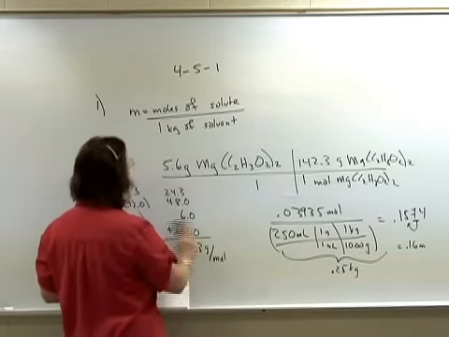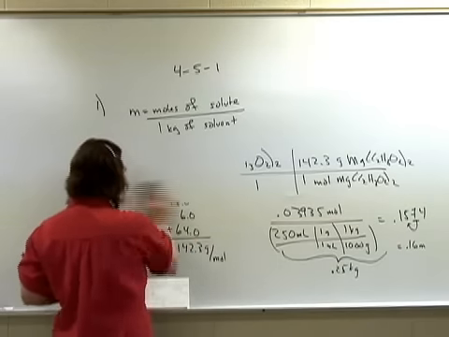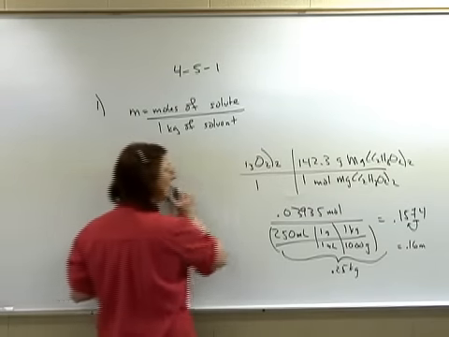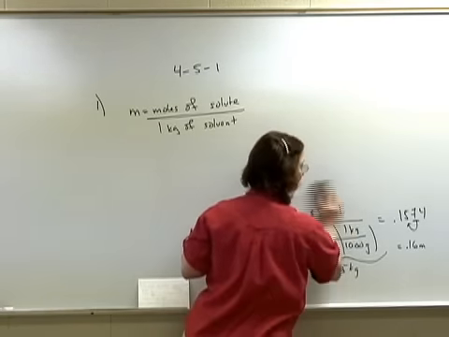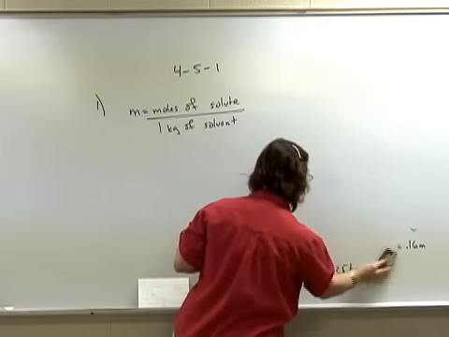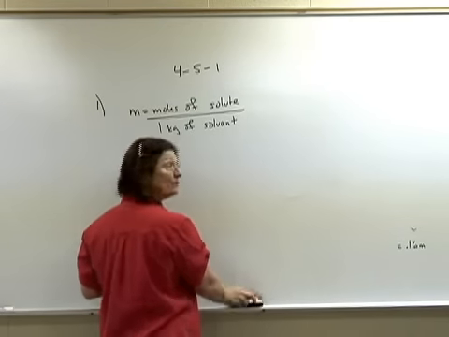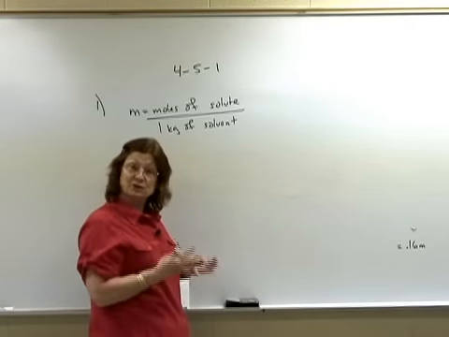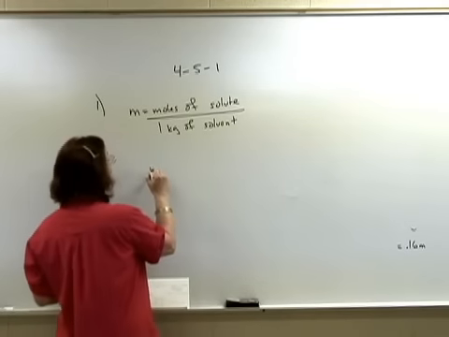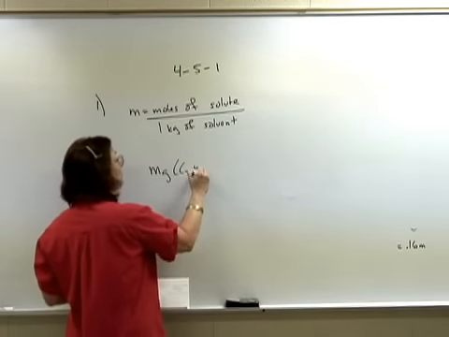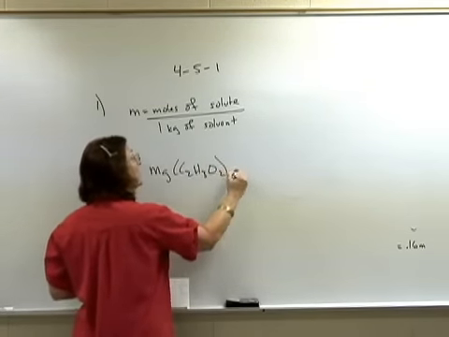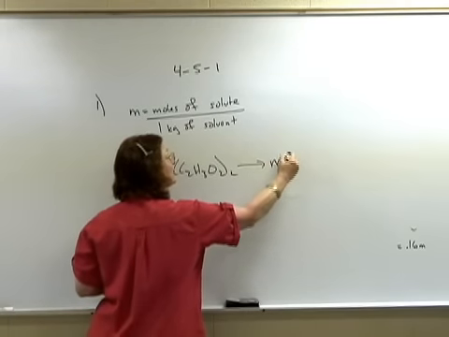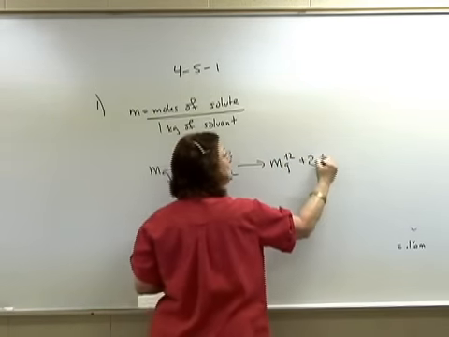Now for number 2, we need to understand that salts are electrolytes. And electrolytes, as we've learned before, dissociate in water. And magnesium acetate then will go ahead and form magnesium ions and 2 acetate ions.